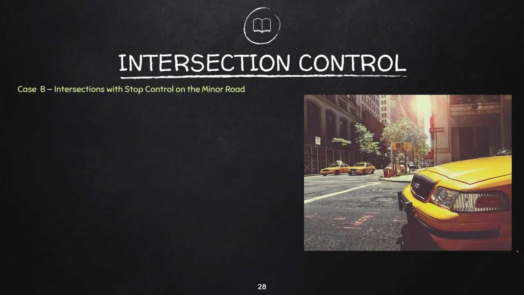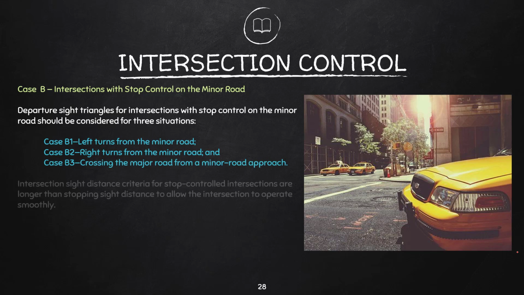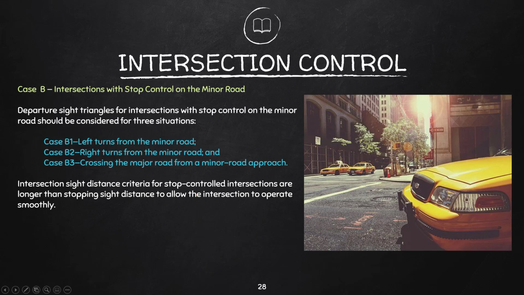Okay? So for case B, intersections with stop control on minor roads, departure side triangles for intersections with stop control on the minor road should be considered for 3 situations: case B1, B2, and B3. Intersection sight distance criteria for a stop controlled intersection are longer than stopping sight distance. So a while ago, for case A, the length of the legs are lesser than stopping sight distances.